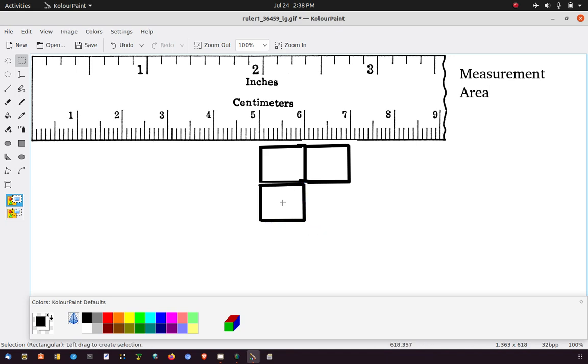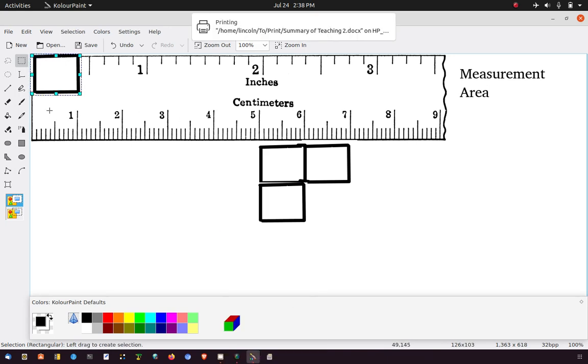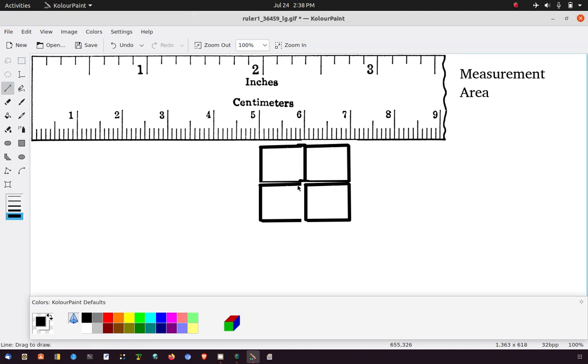What do I have? It's 3 square centimeters. Then I also have this, and this makes a total of 4 square centimeters.